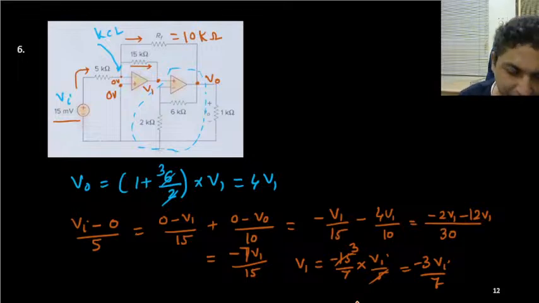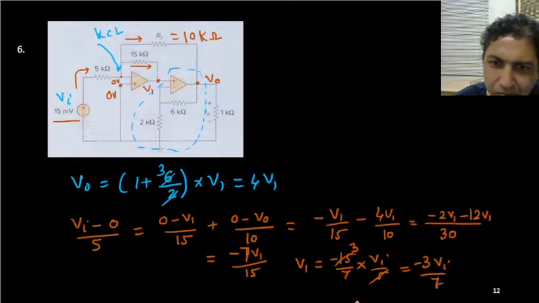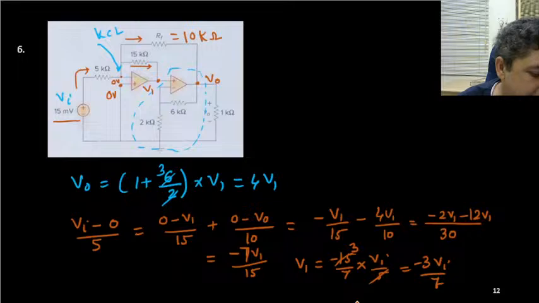So V1 is becoming 6.42. Yes, is there any minus sign?